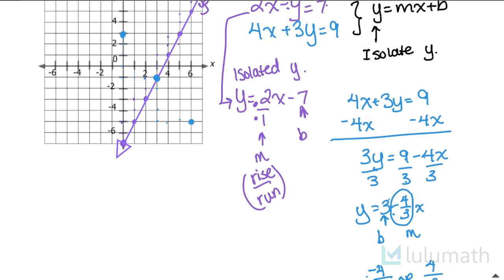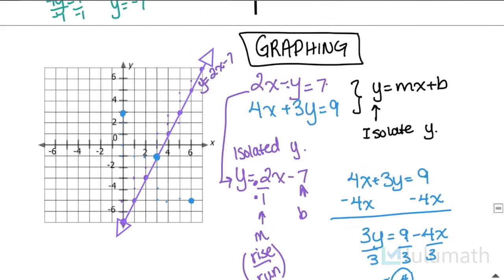Or I could have gone up 4 because this is a +4, and to the left 3 because that's a -3. So right here, I could go up 4 from here, and to the left 3. And that is what my line will look like. So we will connect our points, and this right here is the line y equals 3 minus 4/3 x.